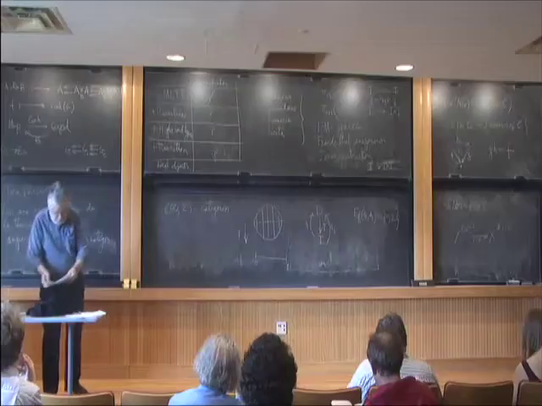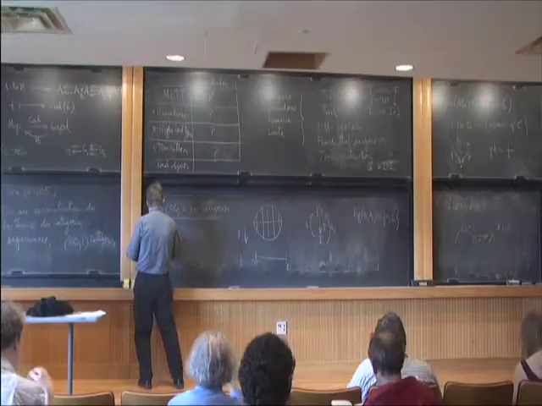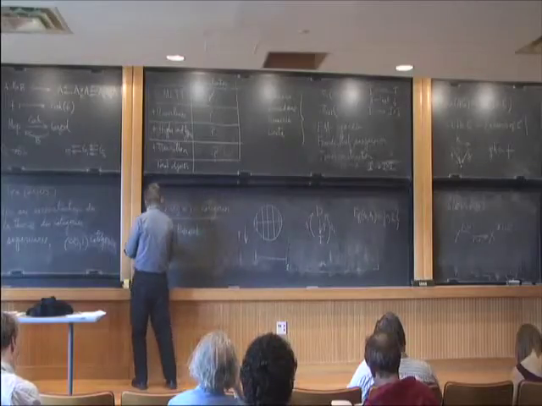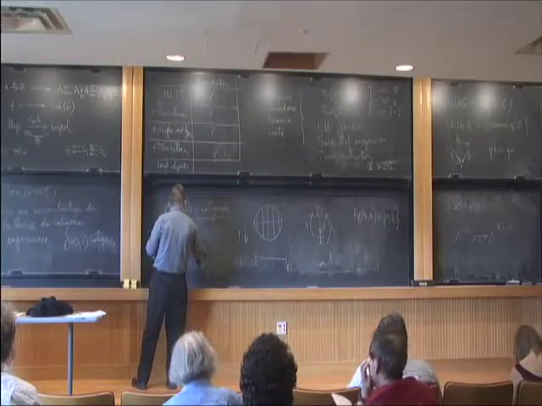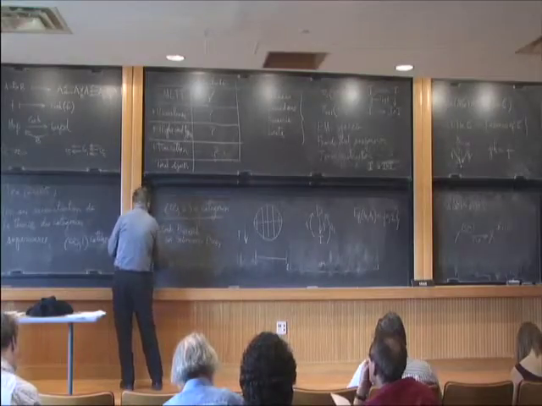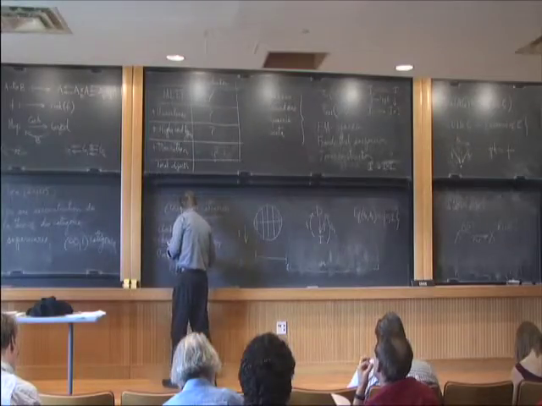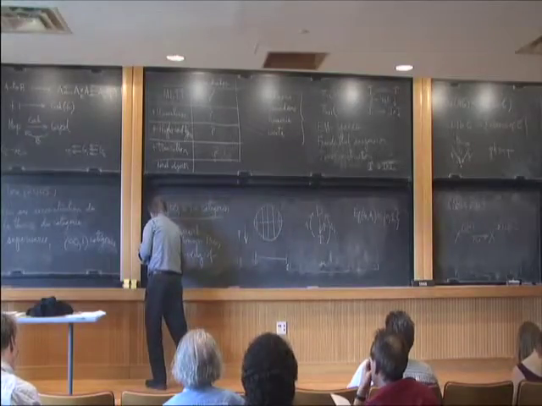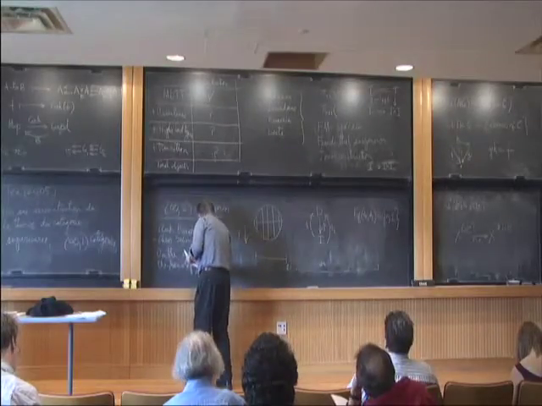And this is related to a paper of Clark Barwick and Chris Schommer-Pries. It's called On the Unicity of the homotopy theory of higher categories.